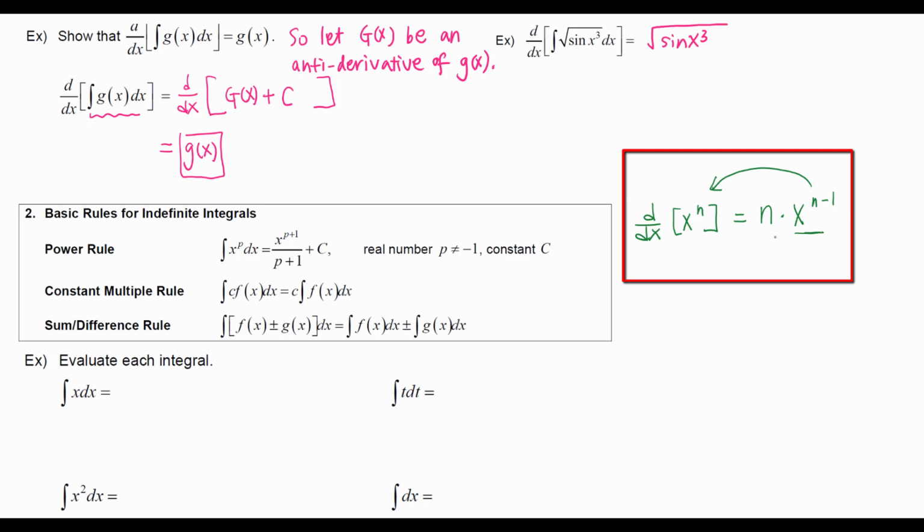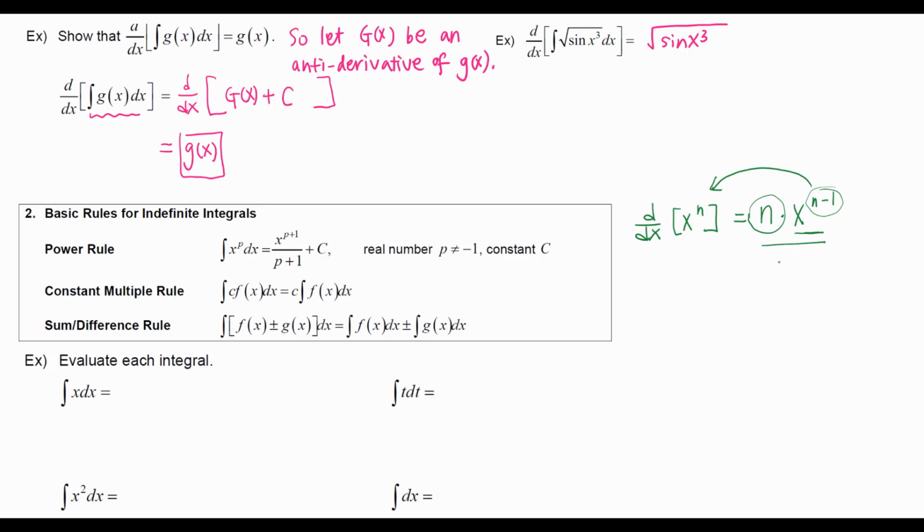To go back, I need to get rid of this number, and this number n is one bigger than the current power. So to get rid of that, I need to divide by the current power plus 1, that will give me n, which cancels, and gaining 1 power, I can recover x to the n. That's why it was dividing by the current power plus 1.